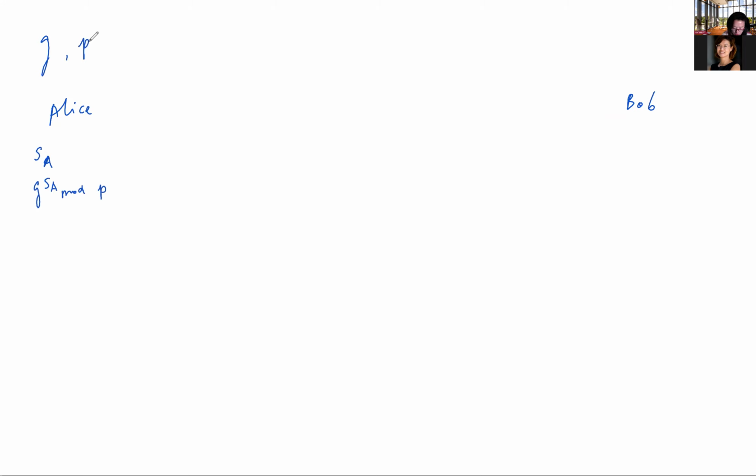And then you have P. Similarly, Bob's secret: you raise G to the power of SB and then mod P. This is Bob's public key, right?